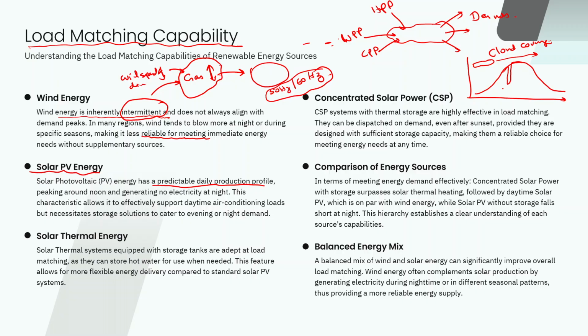So there is a certain intermittent nature associated with the PV generation as well, but with the environmental data, you can predict the daily production or availability of the solar irradiation, and then you can predict the daily power generation. So it's not as intermittent as the wind energy, but it also has a certain intermittent nature.